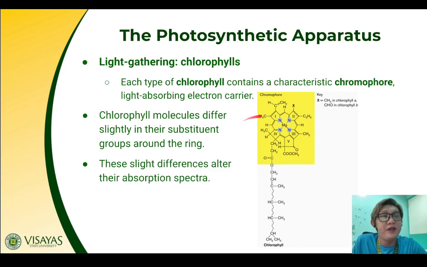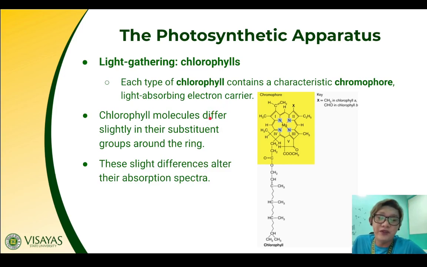I know you're already familiar with photosynthesis because it has already been discussed during your botany subject, but we will be talking more of a microbial way of photosynthesis. Okay, so I hope you will be able to compare this one to that of the plant base, because as we know, the chloroplasts in the plant cells are even evolved from cyanobacteria. Okay, so we will be able to compare that one later.